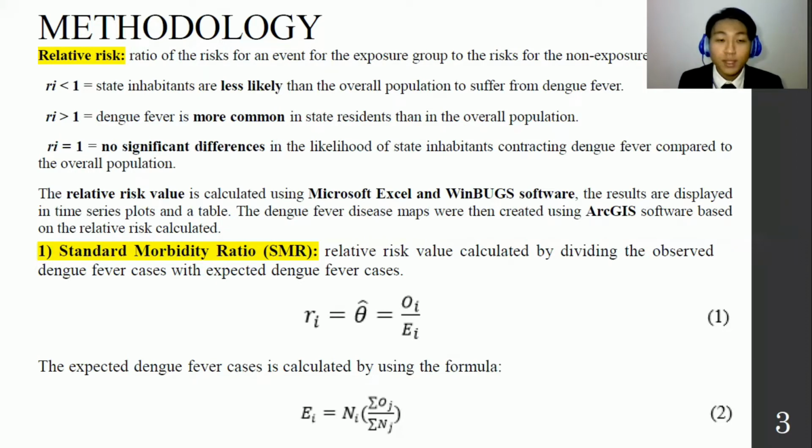The relative risk value is calculated using Microsoft Excel and WinBUGS software in this study, and the results are displayed in time series plots and tables. The dengue fever disease maps were then created using the AcrGIS software based on the relative risk calculation. So the formula is as below, and the expected dengue fever cases are calculated using the formula below, where n is equal to the population in a certain area.